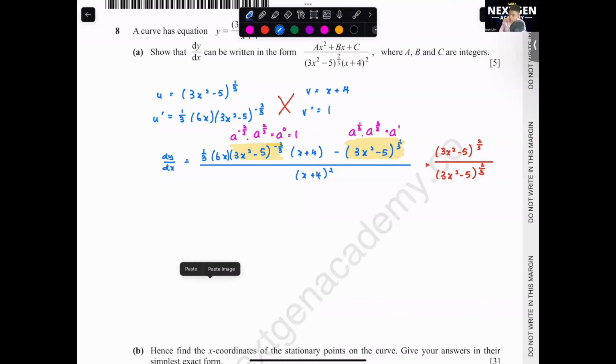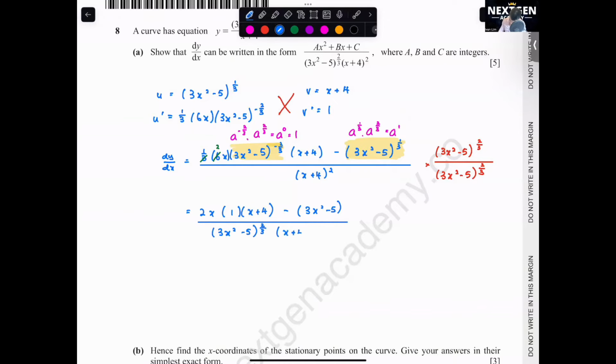So 1 over 3 times 6x, this one also we can cancel off. This one will be 2. So 2x multiplied by 1 times x plus 4, minus 3x squared minus 5, over, we follow the form that they give us, 3x squared minus 5 to the power of 2 over 3, x plus 4 squared.